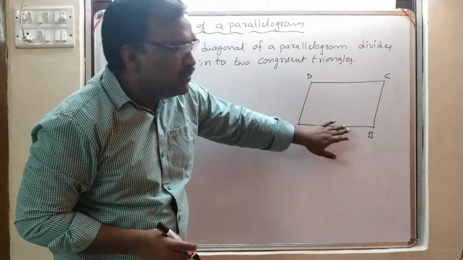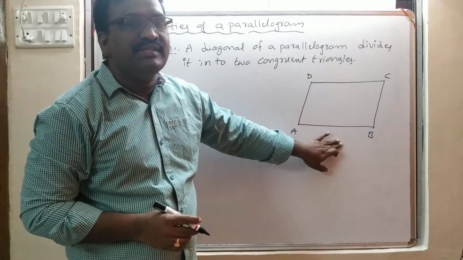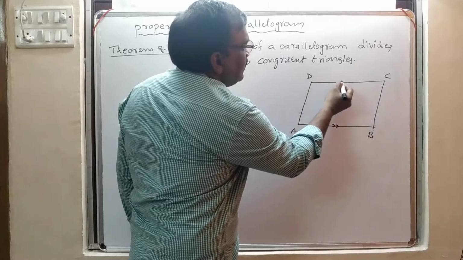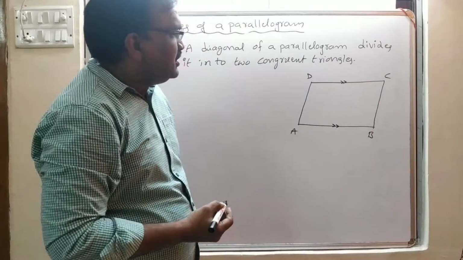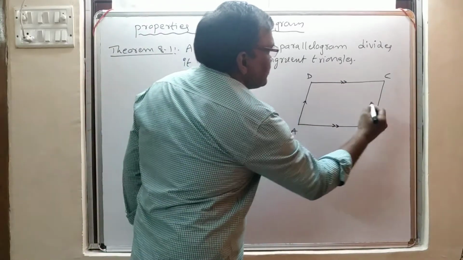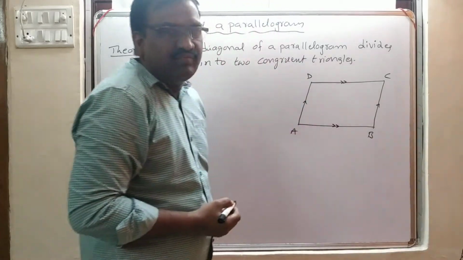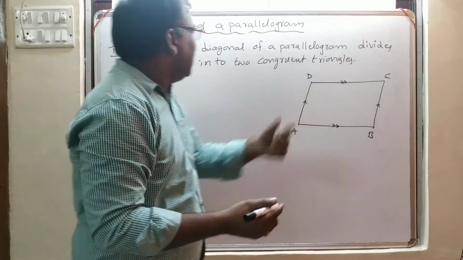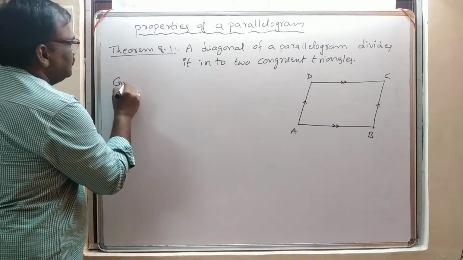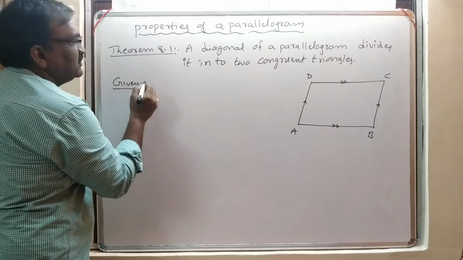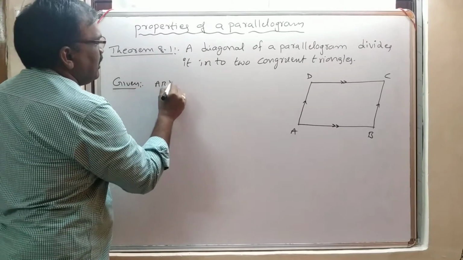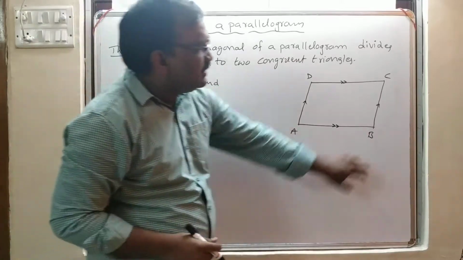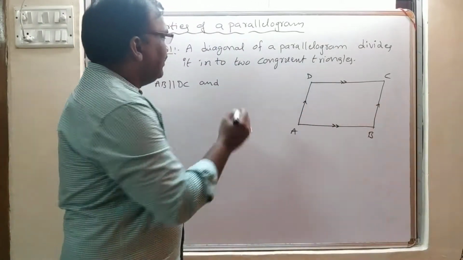In a parallelogram, both pairs of opposite sides are parallel. So AB is parallel to DC, one condition, and AD is parallel to BC. These two are parallel. Given AB parallel to DC, and one more condition, BC parallel to AD.